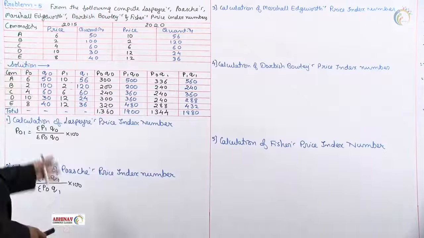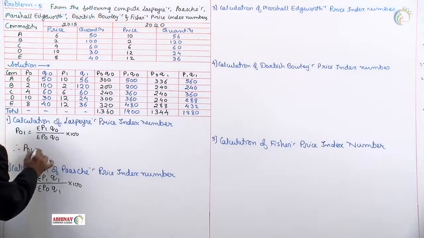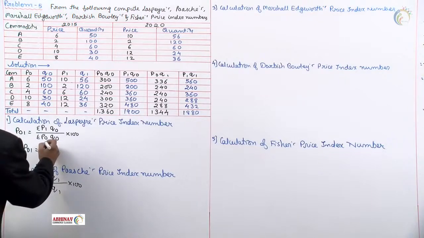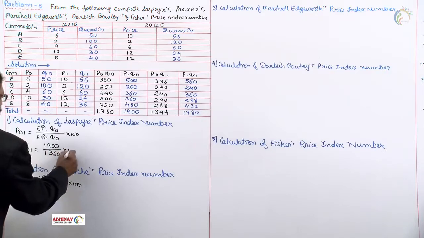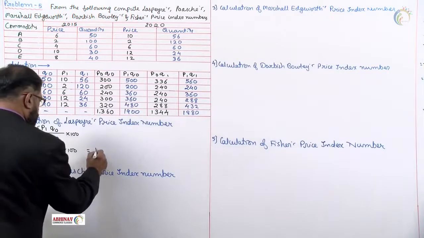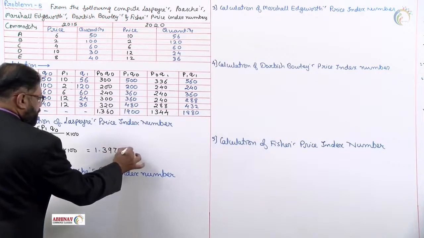Let's see. Laspeyres' formula we have already written. Substitute the values. P01, summation P1 Q0 is 1900, divided by P0 Q0, which is 1360, into 100. When you divide this, what you get is 1.39705.